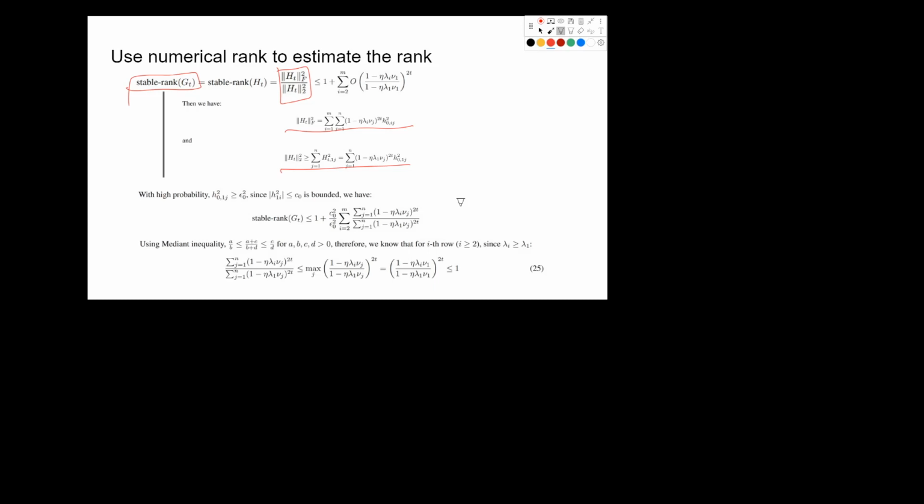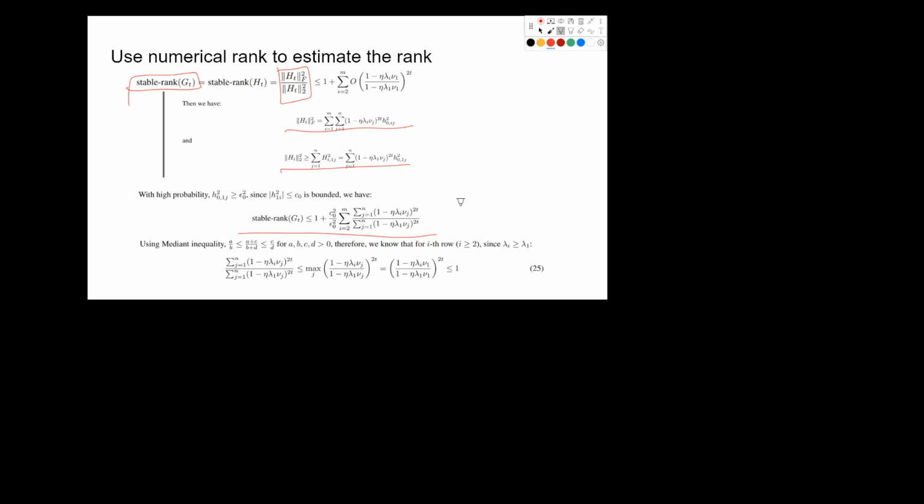So we can see that the rank will actually be limited by this formula, and we can use the stable rank to prove that the H_t will be low rank as well.